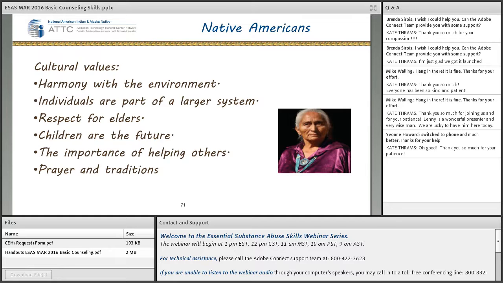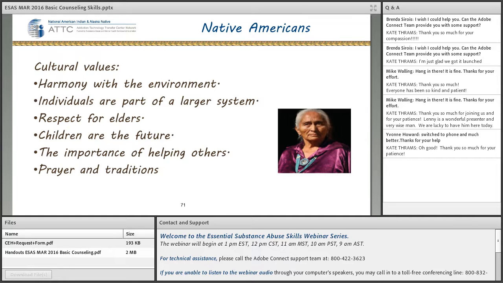With Native Americans, it's really important to be aware of the following cultural values held by many Native Americans. Importance is placed on harmony with the environment, meaning that human beings are a part of the greater creation and are meant to be relatives with all of the natural world. Humans are no greater or lesser than other parts of the natural world.